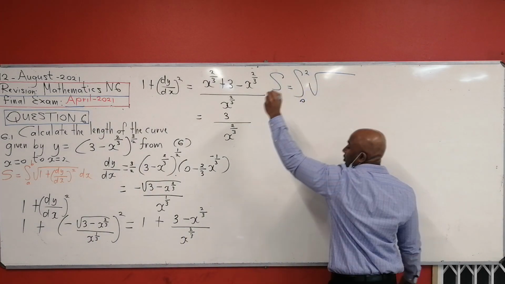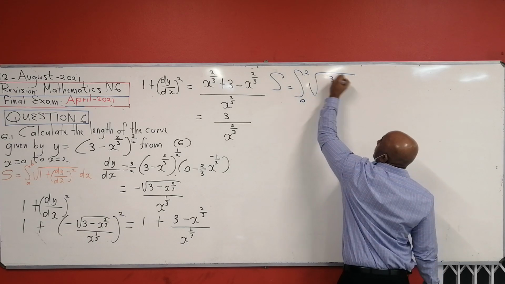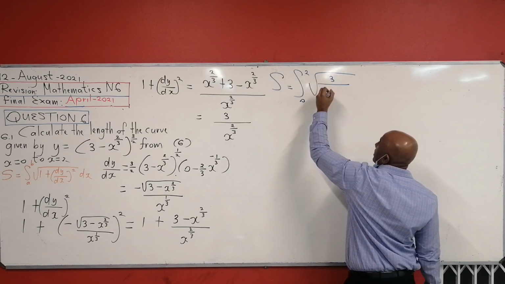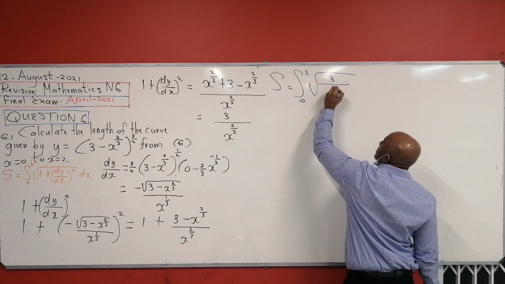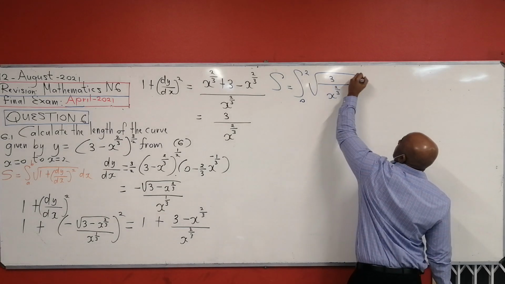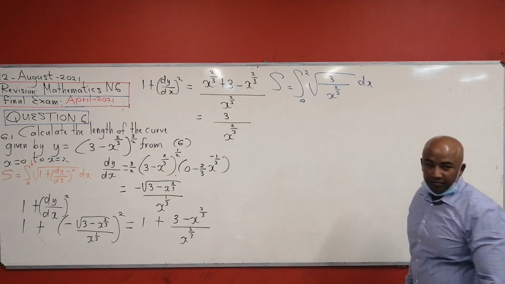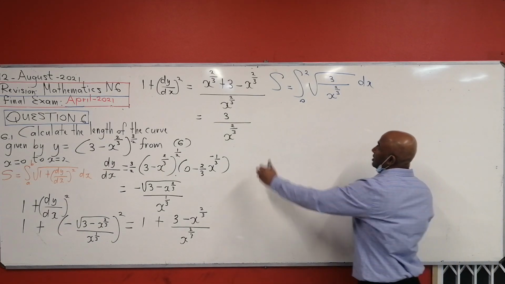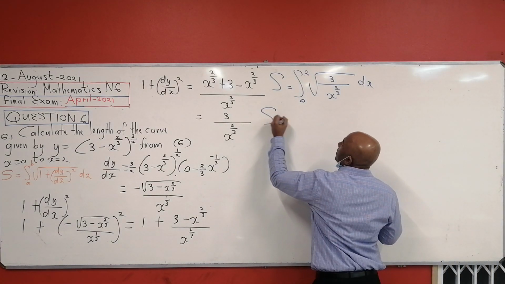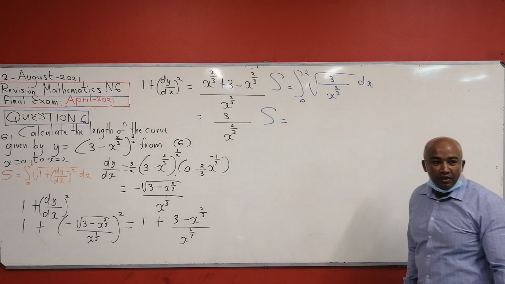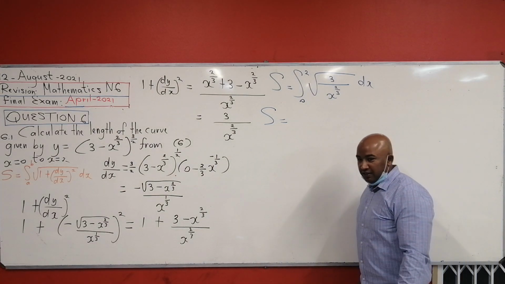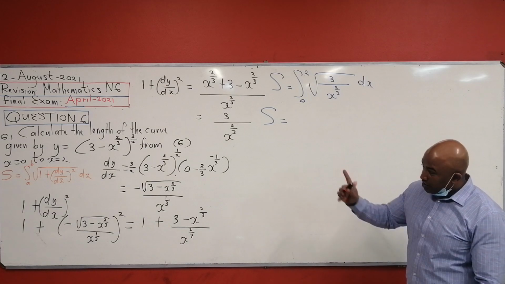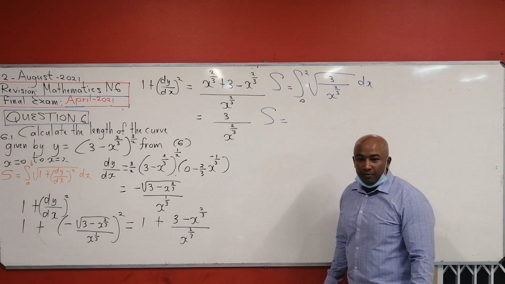We have the square root of 3 all divided by x to the power 2 over 3, dx. A lot of simplification is involved here. This is for the students who want to get an A for N6 Maths. If you want an A, you make sure you are able to simplify properly.